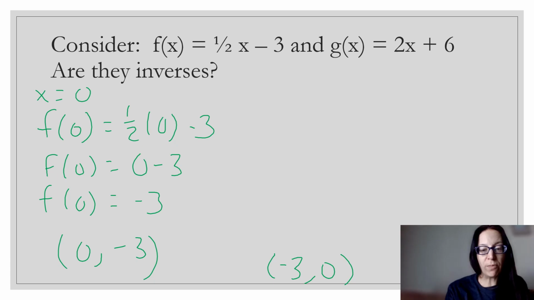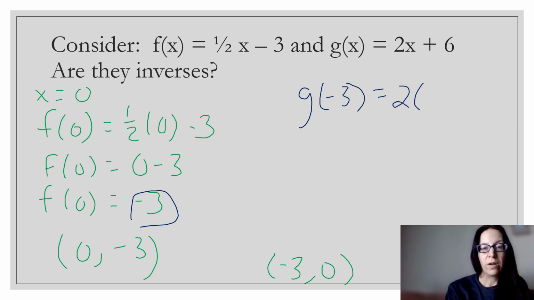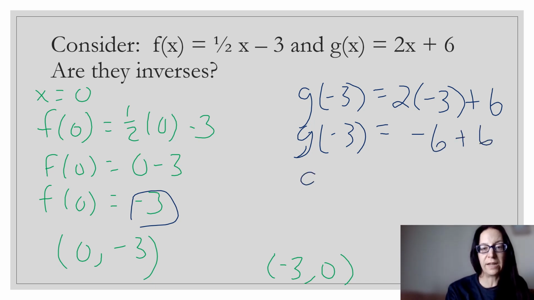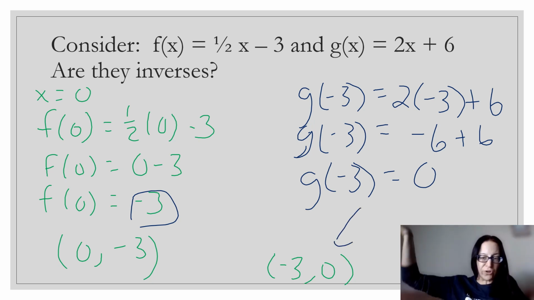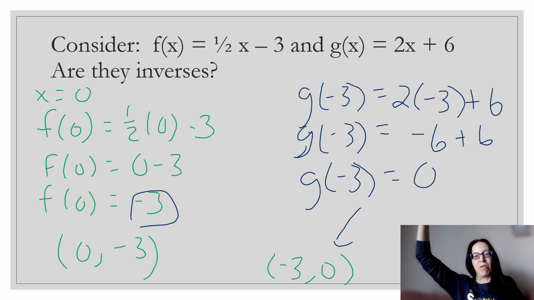So to see if that's actually going to happen, we're going to take that negative 3 and plug it in for x in the other function. And so we'll get negative 6 plus 6. g of negative 3 is 0. And lo and behold, when x is negative 3, y is 0.